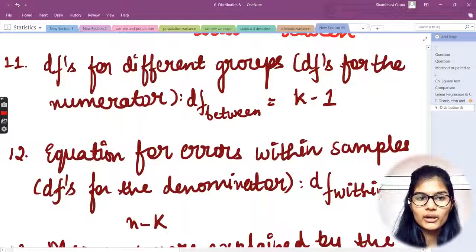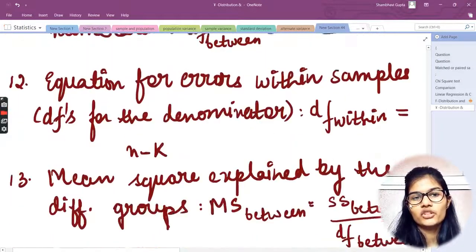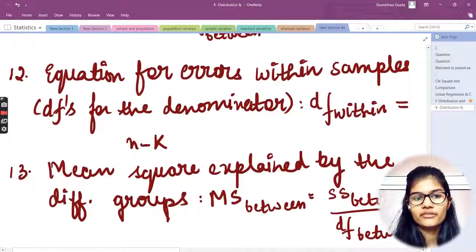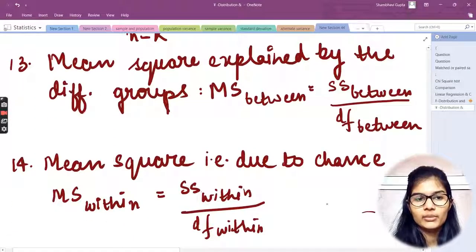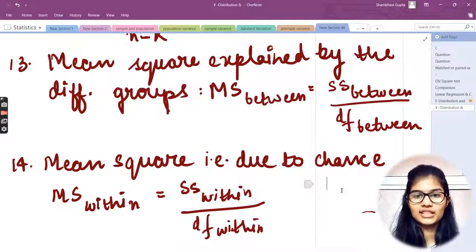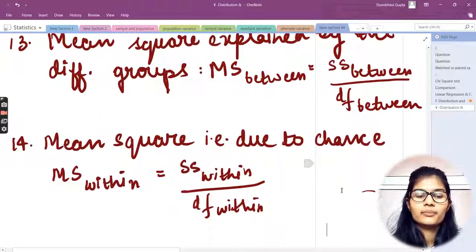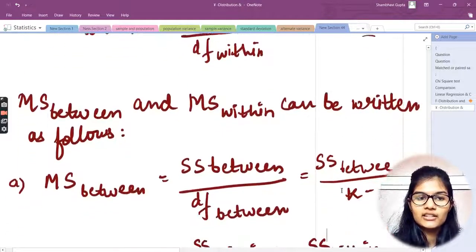Then we saw the DFs for the different groups. DF for the numerator, DF between, is equal to K minus 1. DF for the denominator, DF within, is equal to N minus K. Then we have the mean square explained by different groups, MS between, equal to SS between divided by DF between. Next is the mean square due to chance, MS within, equal to SS within divided by DF within.